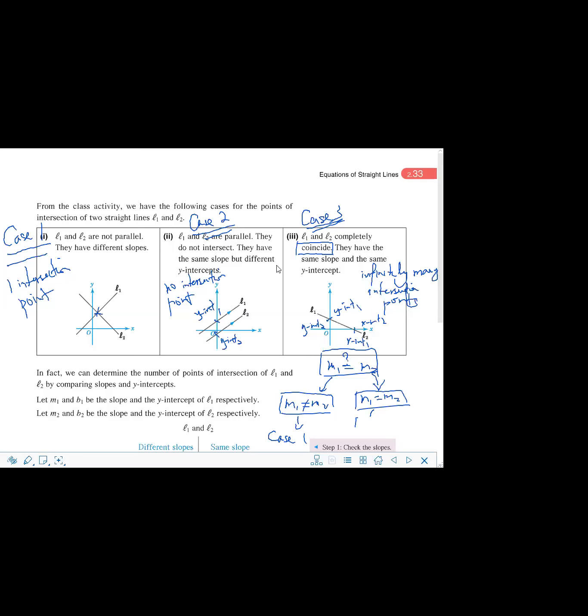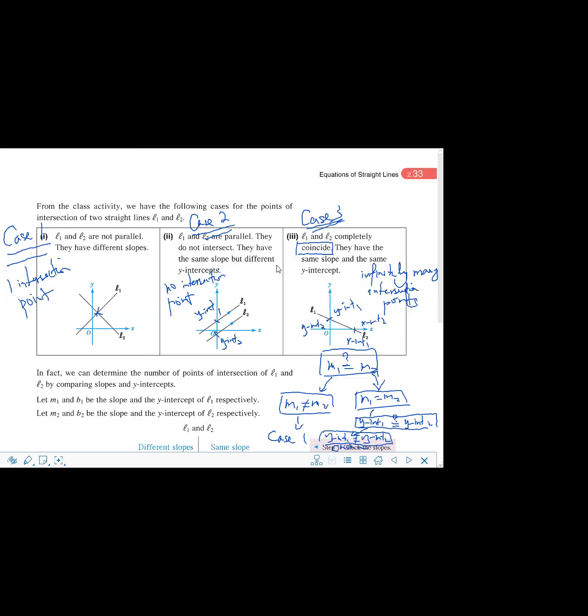Is y int 1 equal to y int 2 or not? Then we will have two different answers. If yes, y int 1 is equal to y int 2. Okay, it's not first. 如果唔等於嘅話，this will be case 2.